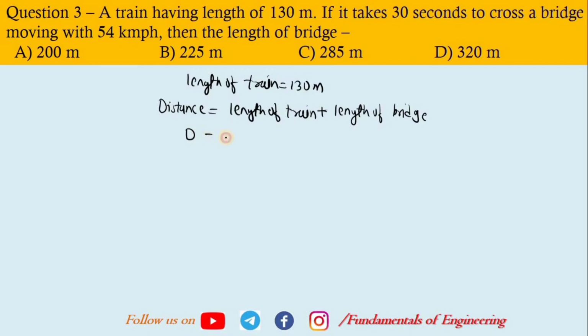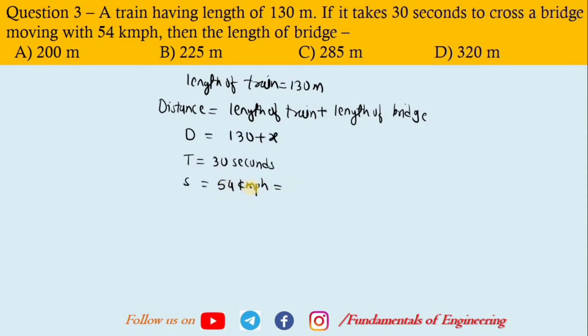So capital D will become 130 plus x, if we consider the missing length of the bridge as x. Now time is given as 30 seconds and speed is given as 54 km per hour. Now the values are in meters and seconds.